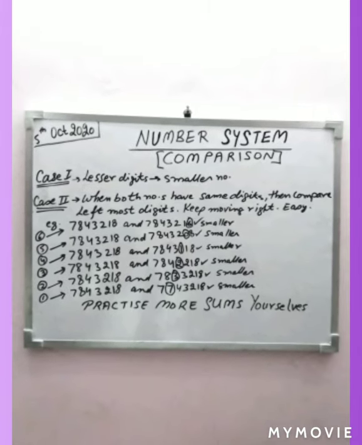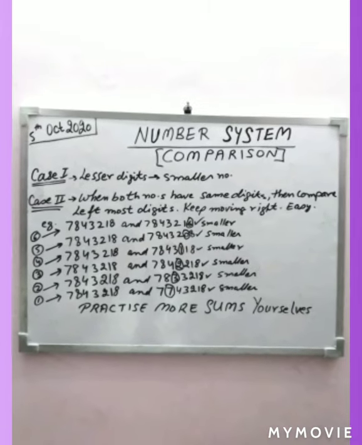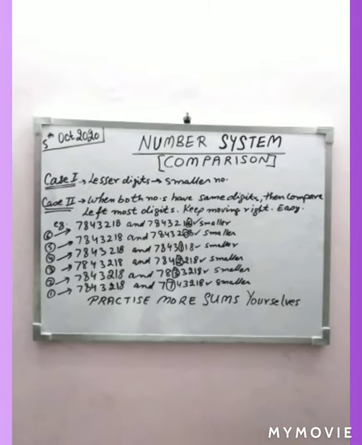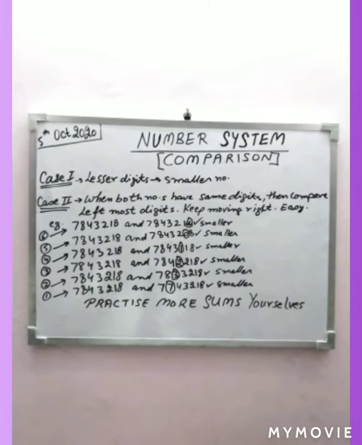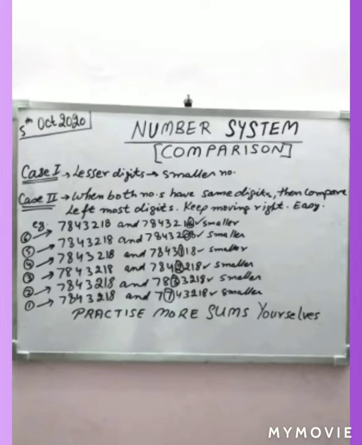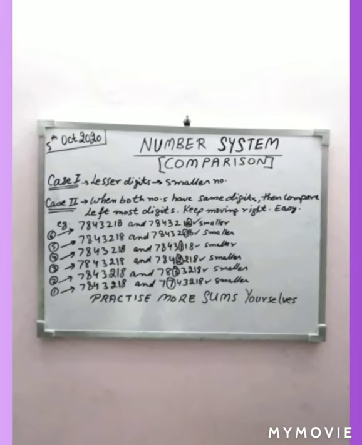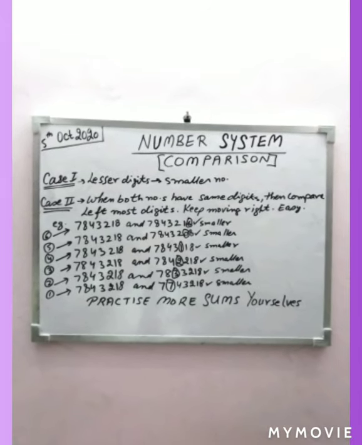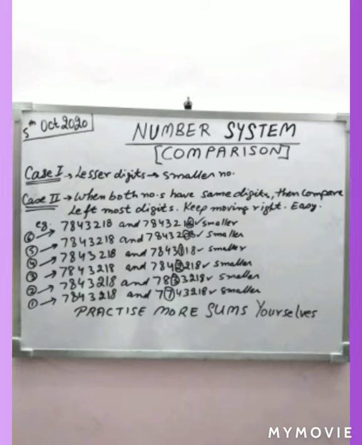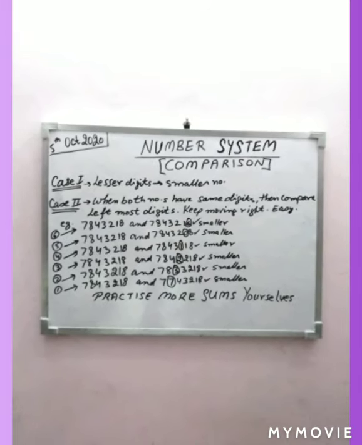If the second digits from the left are also equal, then you need to compare the third digits from the left, and you need to continue until you come across unequal digits at a corresponding place. So clearly the number with the greater digit at that particular place will be the greater number of the two. I think this is very clear.